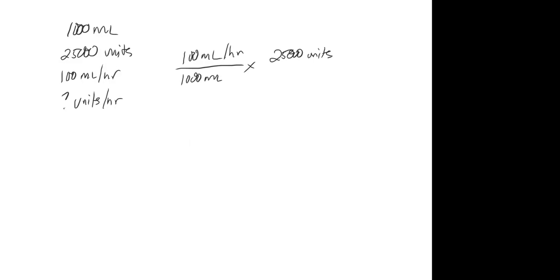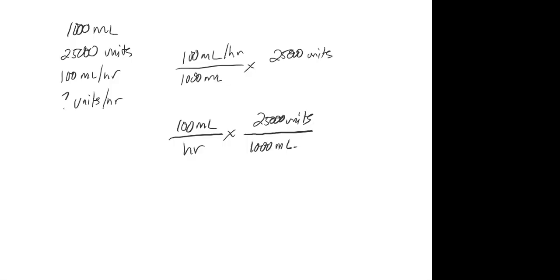So I would prefer to show it to you in a dimensional analysis way, where I would still start with the flow rate, the 100 milliliters per hour, but I would just write it a little bit differently. And then my units, which are contained in the 1,000 milliliters of the D5W.